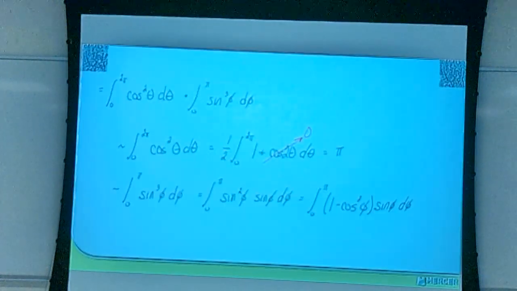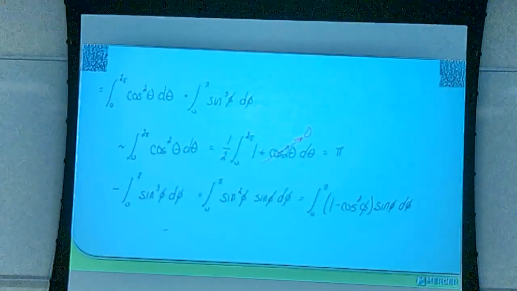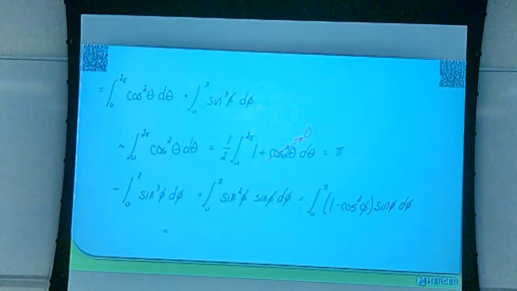Now it's u substitution. Let u be cosine. Then du is negative sine, so we're going to multiply by a negative. Integral of 1 would just be u, but u was cosine.